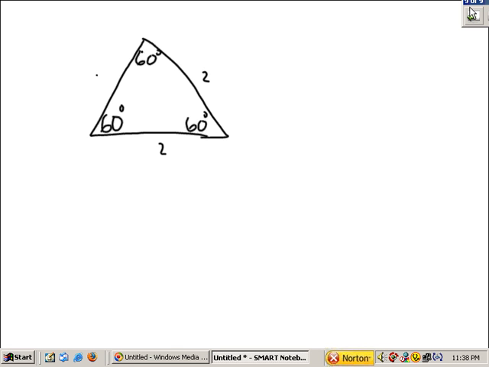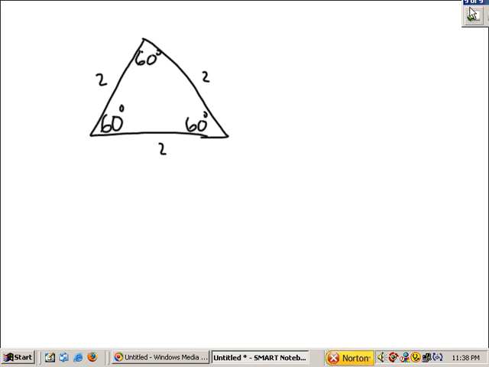Okay, one last thing I thought of about how you could derive that 30, 60, 90 degree triangle. If this is an equilateral triangle, that is, all angles are the same, and let's suppose each side is 2.